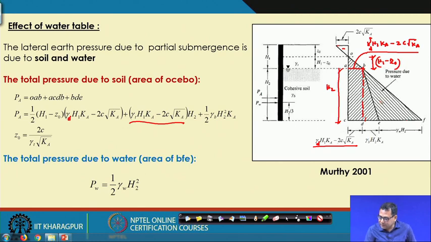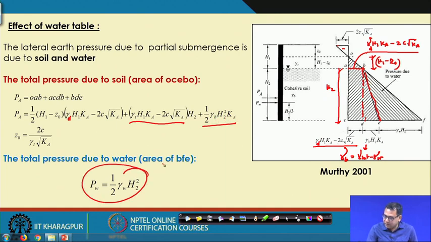This triangle has gamma sat minus gamma W, which is gamma bulk. So, gamma bulk into H2 into K_A, plus gamma W H2. You add these two and this will give you the force for this triangle, half into gamma_b H2 square into K_A.